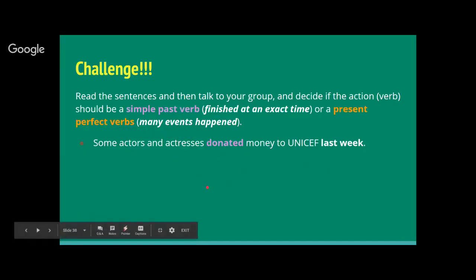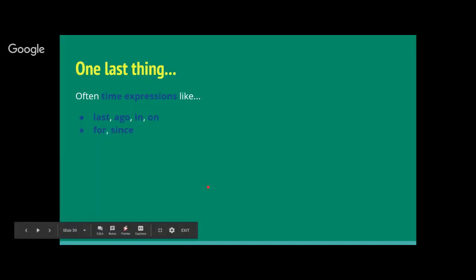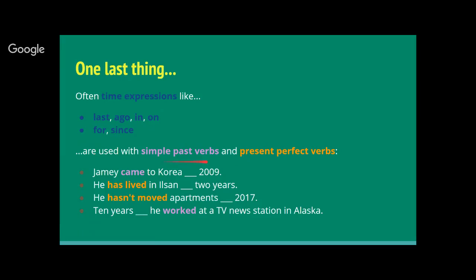Anyways, let's go ahead and continue. So often, when we are looking at time expressions like last, ago, in, or on, or other time expressions like for and since, we often can use these time expressions with simple past verbs and present perfect verbs.